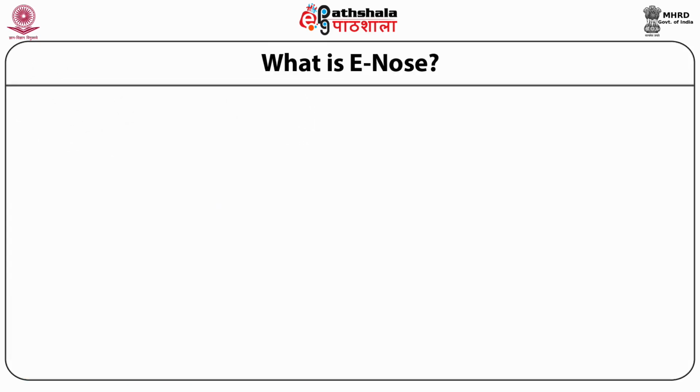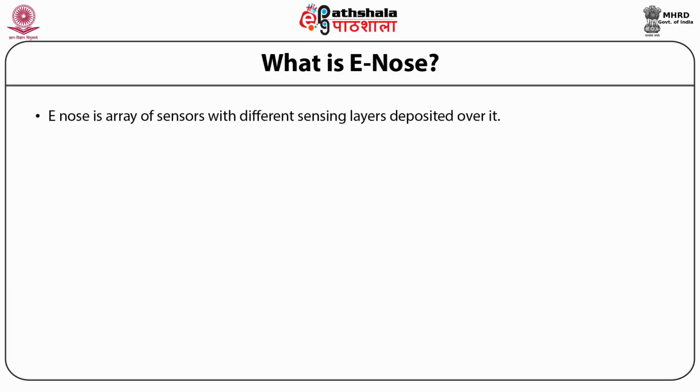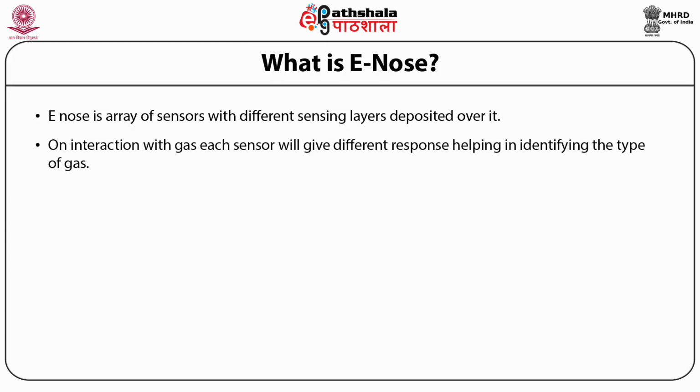So students, let us discuss what is Enose. Enose is an array of sensors with different sensing layers deposited over it. So on interaction with a gas, each sensor will give different response, helping in identifying the type of gas.